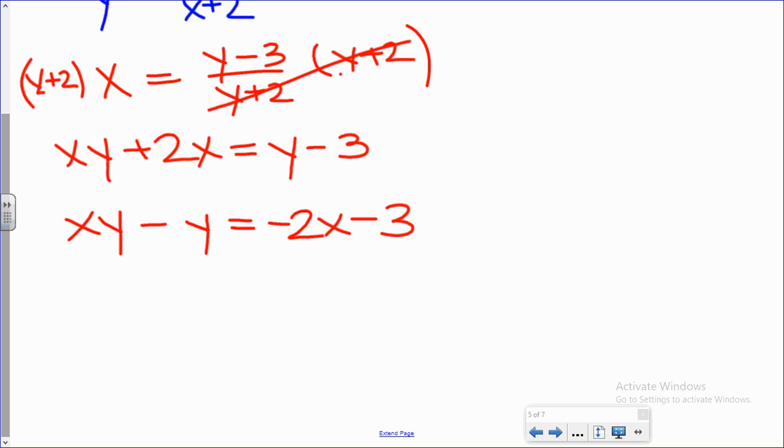Okay. Now, if I want to solve for y, what can I do on the left side of that equation? We can factor out the y. So if we have two terms with something in common, that gives us an opportunity to factor.